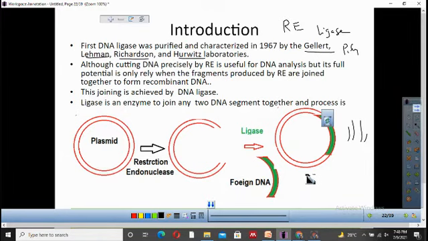Such DNA is called recombinant DNA or chimeric DNA. So chimeric DNA is possible due to the involvement of these two enzymes, that is restriction endonuclease and ligase.